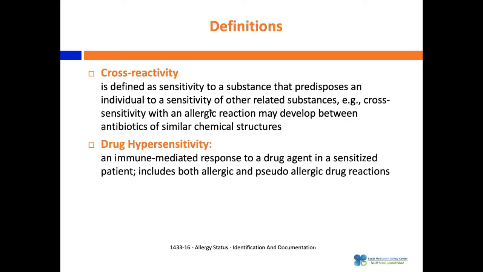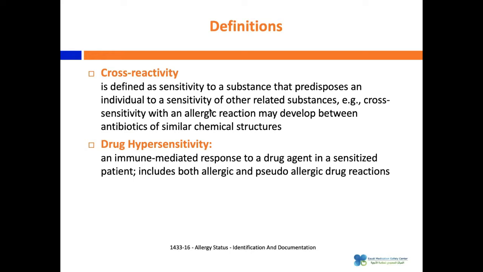Read it well and understand it well. I will share it with you in the presentation. This will tell you if this substance is cross-reactive with the other substance or not. Like, you're allergic to Augmentin. Is this cross-reactive if I give you cefuroxime or not? What is the percentage? Very important for you as a pharmacist to understand it.